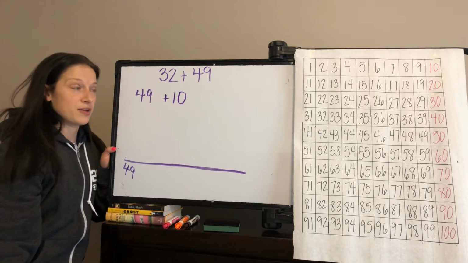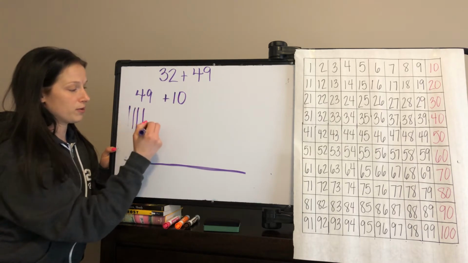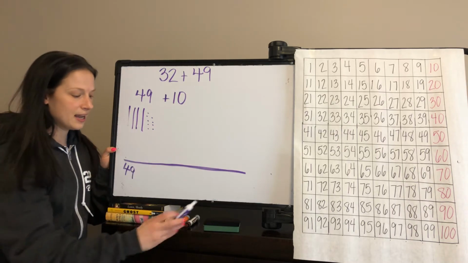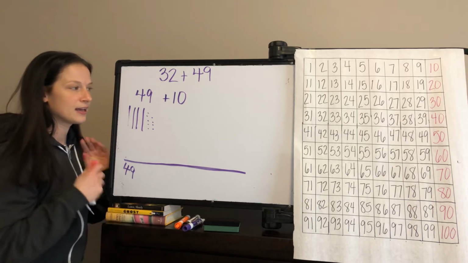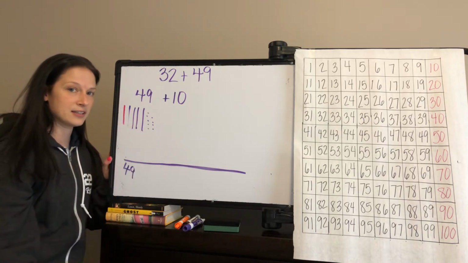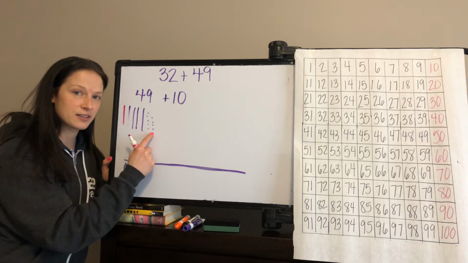If I was thinking about this with my strips and singles, I would have 1, 2, 3, 4, and 1, 2, 3, 4, 5, 6, 7, 8, 9. I'd have 49, and I'd be adding 10. There's the 10. Did anything happen with the singles over here?